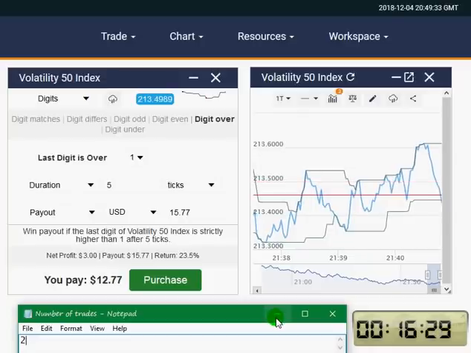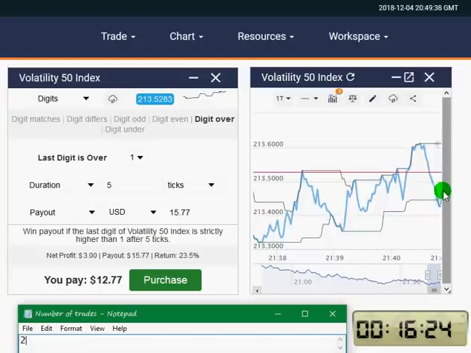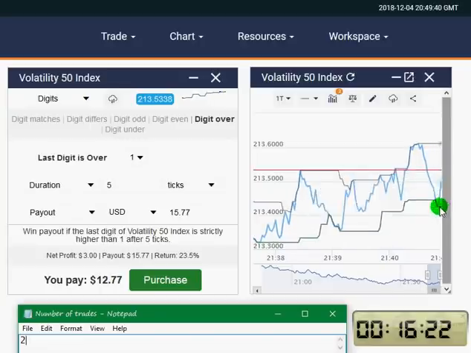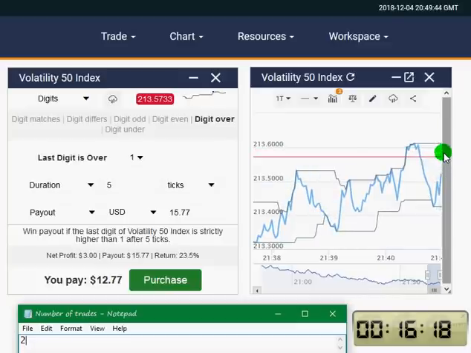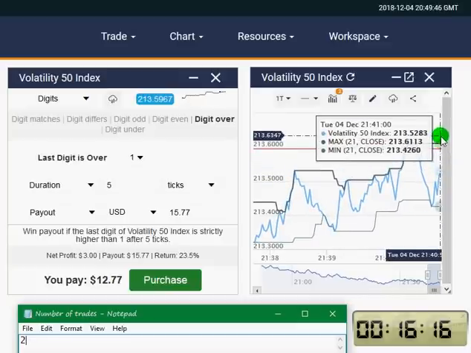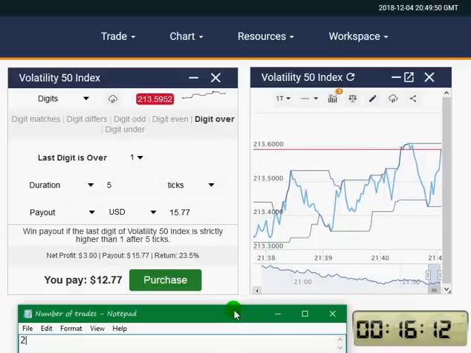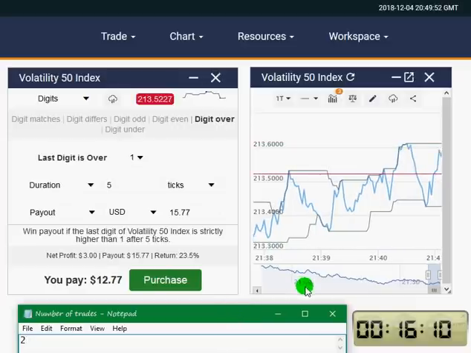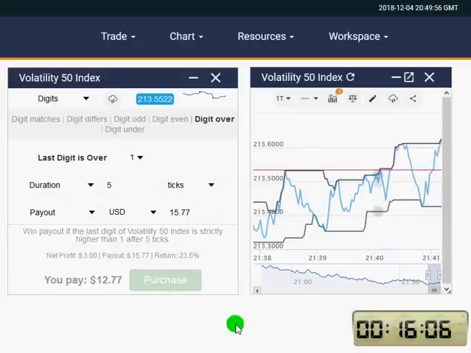That's the second trade. So you can see that this chart is below the maximum, so I have to wait for it to either overlap the maximum or move past the maximum. So it's moving up again. Moving up. Yes, click on purchase.